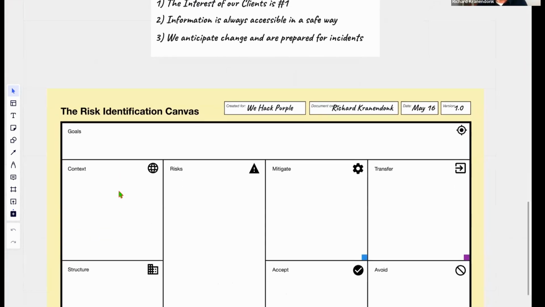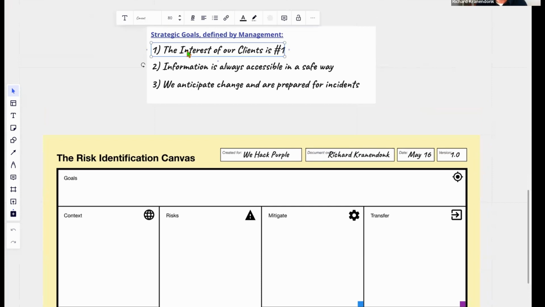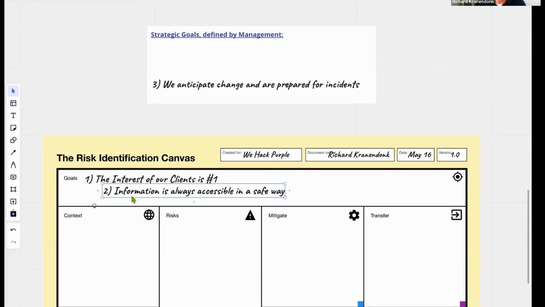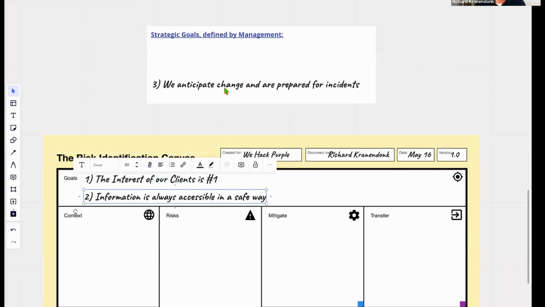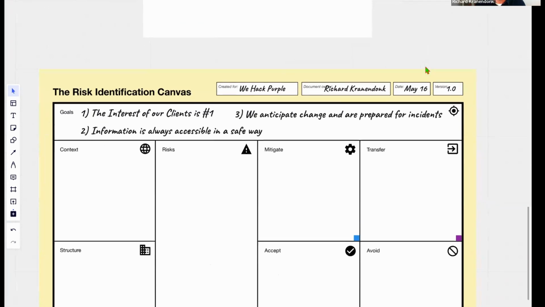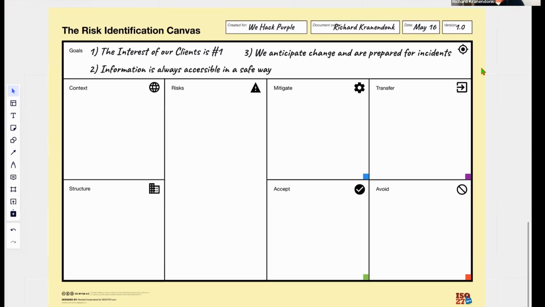Because I mainly work at the operational level, it would not make sense to start defining strategic goals with every team. So, as usual, strategic goals are very wide, not very specific. One of the goals is that the interest of our clients is number one. The second one is information is always accessible in a safe way. And the third one is we anticipate change and are prepared for incidents. They are written on this large canvas, which hangs on the wall of our meeting room.